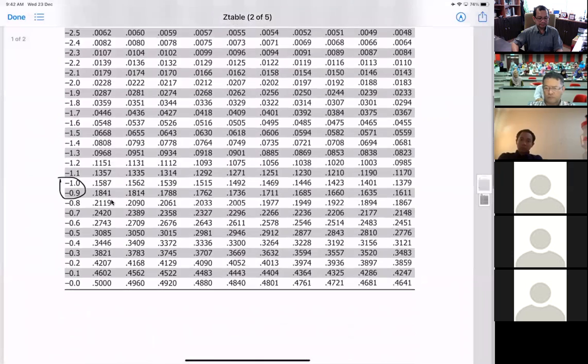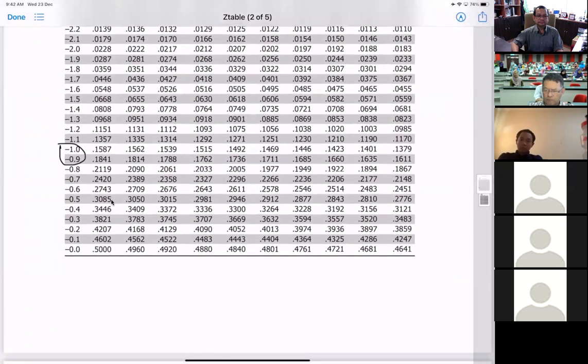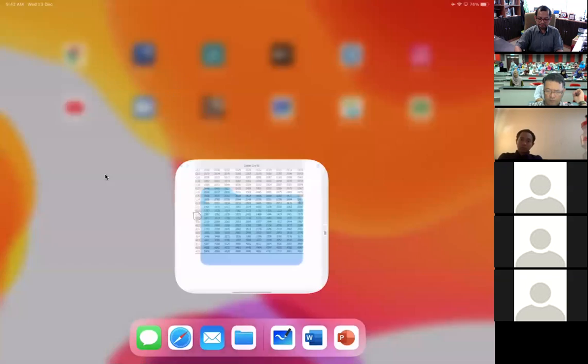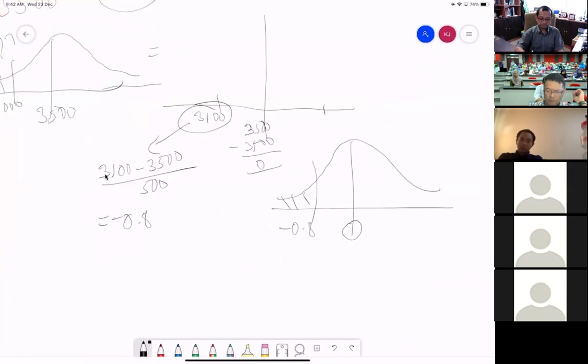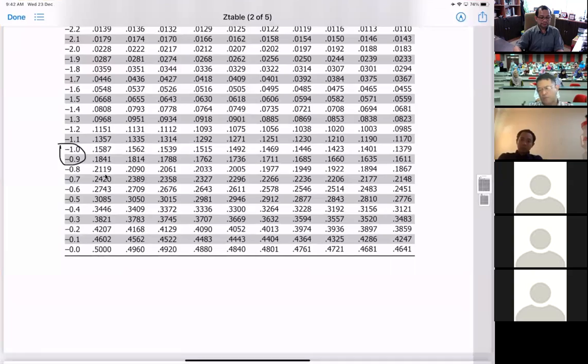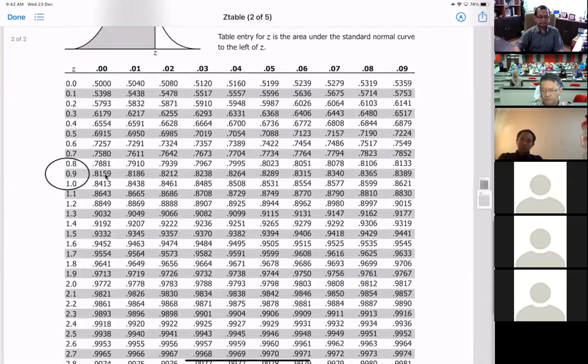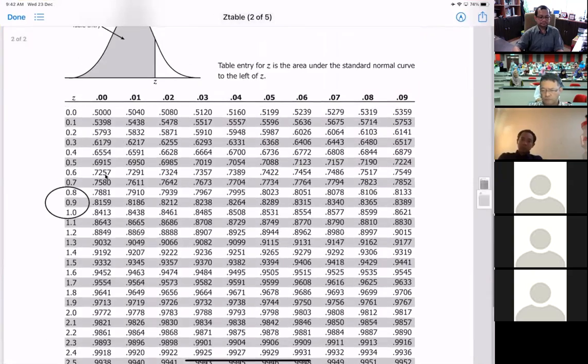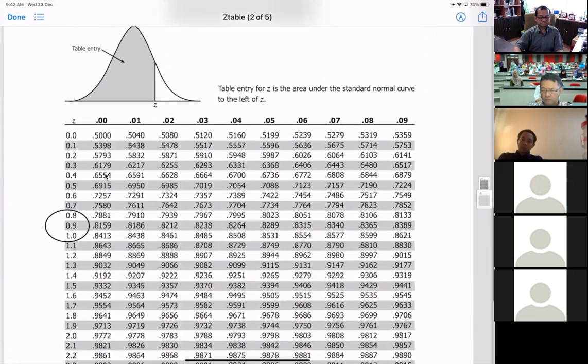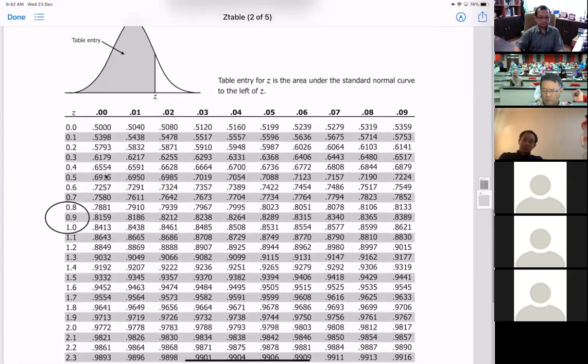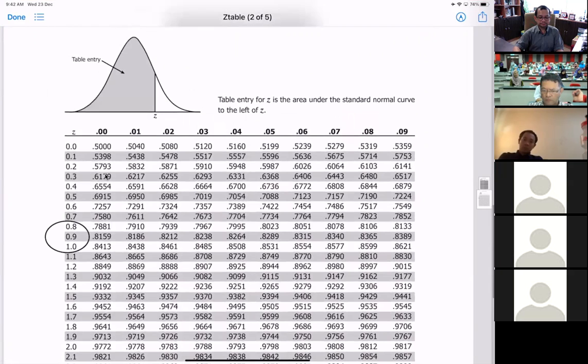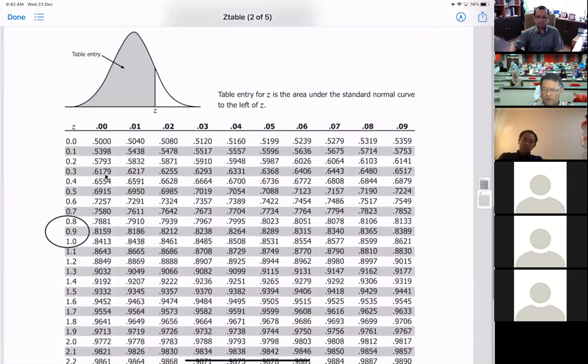Either we can use the table straight away for minus 0.8, which gives 0.2119, or we read from the other table, but we need to flip.